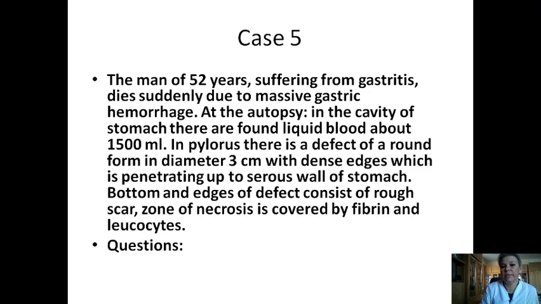At the autopsy, in the cavity of the stomach, liquid blood about 1.5 liters is found. In the pylorus, there is a defect of a round form, in diameter about 3 centimeters, with dense edges, which is penetrating up to the serous wall of the stomach. Bottom and edges of the defect consist of rough scar. A zone of necrosis is covered by fibrin and leukocytes.